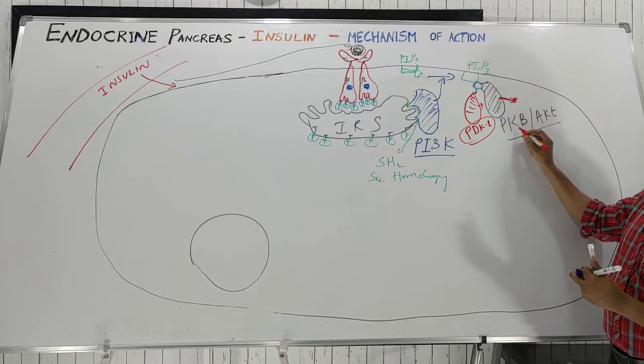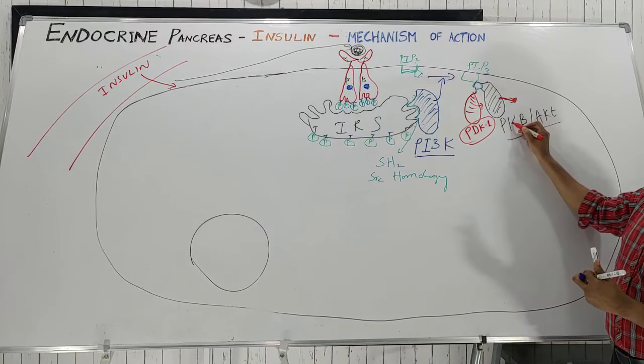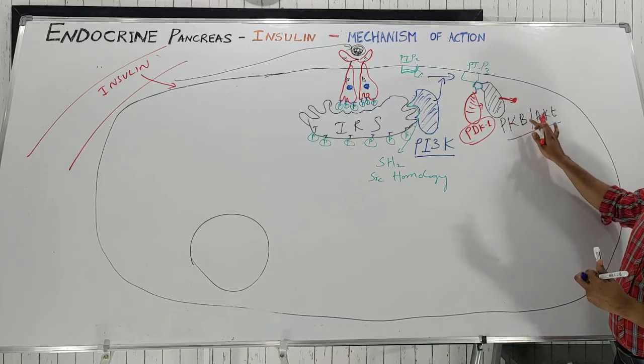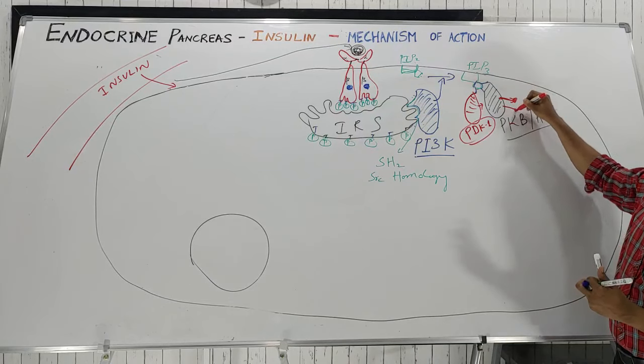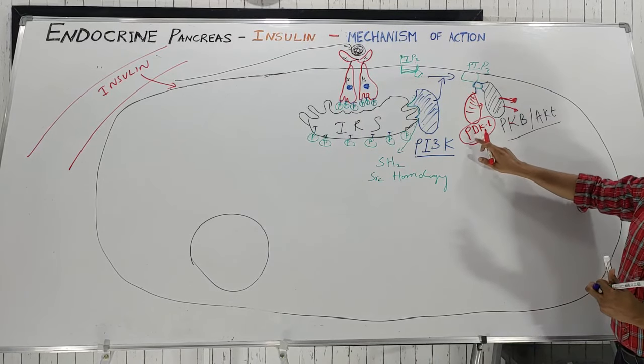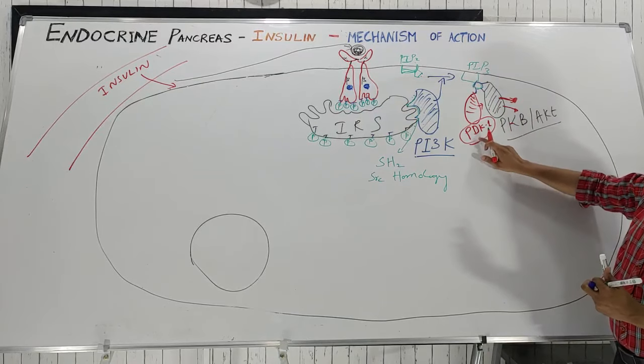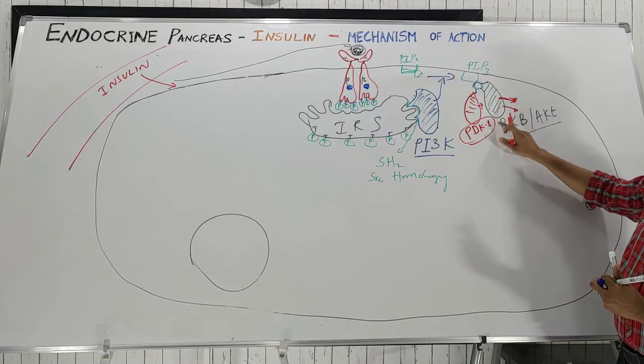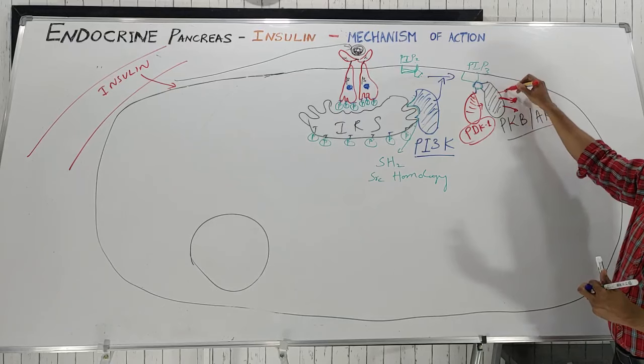So this protein kinase B gets activated or phosphorylated with the help of this enzyme, phosphatidyl inositol dependent kinase 1. So this gets activated.